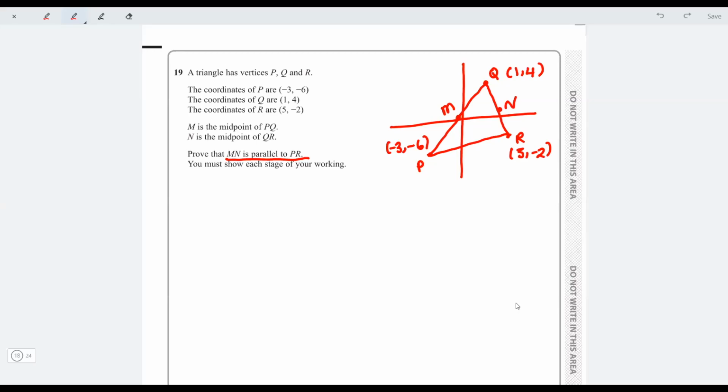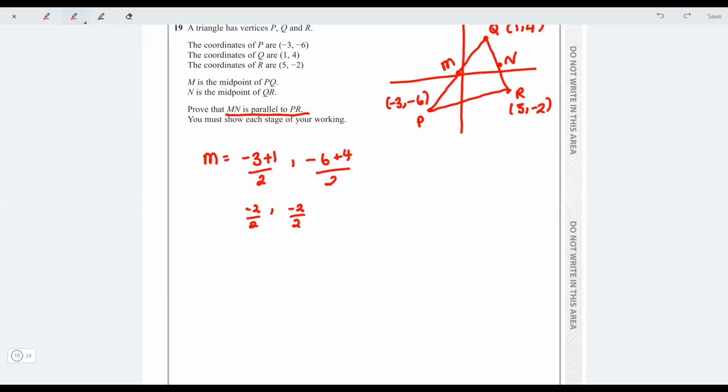Can we work out the value of M? We can, can't we? Because M is the midpoint. So I'm going to add the 2 coordinates up and half it. So add the 2 x coordinates, -3 add 1 divided by 2, and -6 add 4 divided by 2. Well, that's -2 divided by 2, and that is -2 divided by 2.